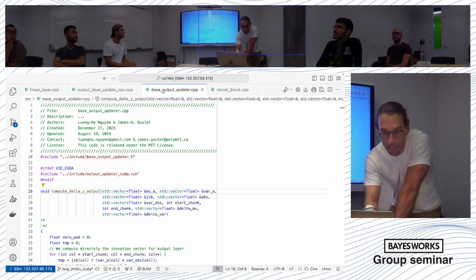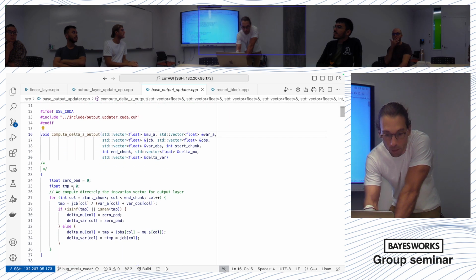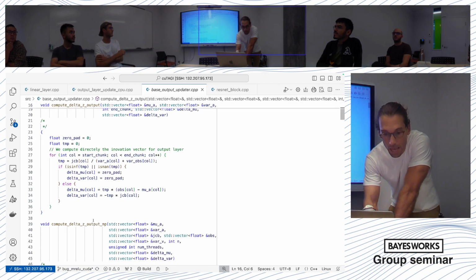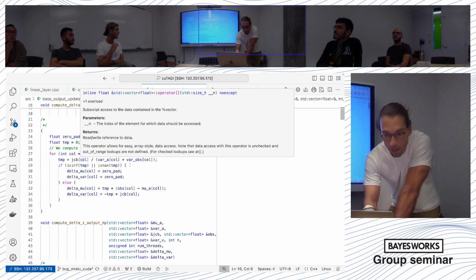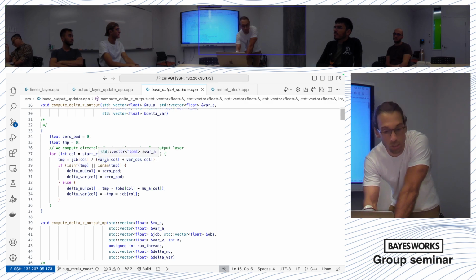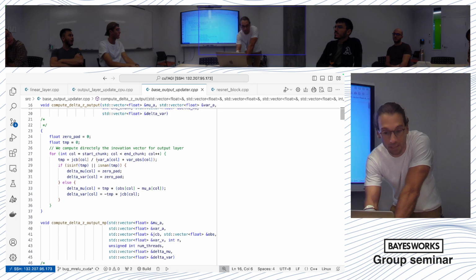So we're going to go in base output updater, and this is where we're going to compute the delta Z outputs. Okay, so what we have here as temporary variables is going to be the Jacobian divided by var A plus var ups. So this is sigma V, this is sigma A. So these should be inverted. So this is why we have Jacobian divided, because this is Jacobian times sigma y inverse.